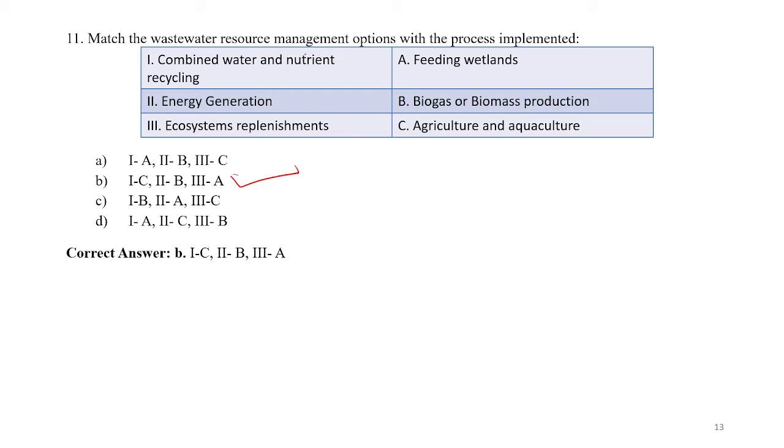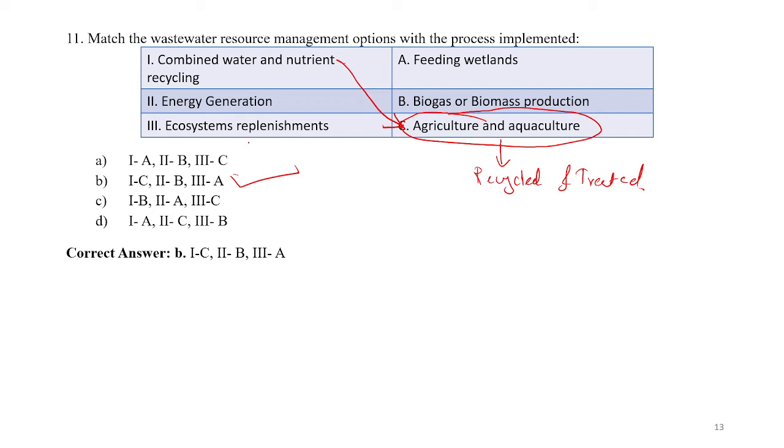It says that combined water and nutrient recycling is matching with agriculture and aquaculture. This means that for agricultural and aquaculture purposes, recycled and treated water could be used, and in that way we can improve agriculture and aquaculture activities and also use wastewater in a more efficient way for these two purposes.